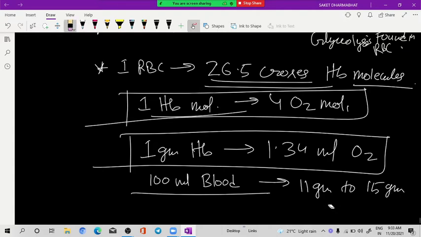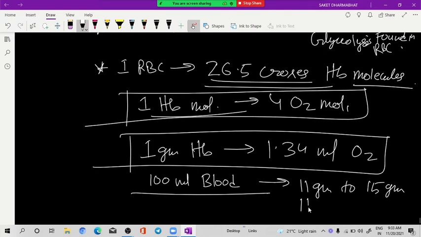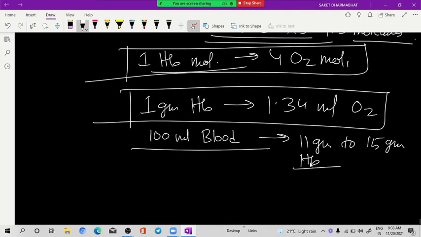Sorry, hemoglobin, not oxygen. I have already told this in the class. 100 ml blood contains 11 to 15 gram hemoglobin. In female it is less, 11 to 13 or 14, but in male it is 14 or 16 also.